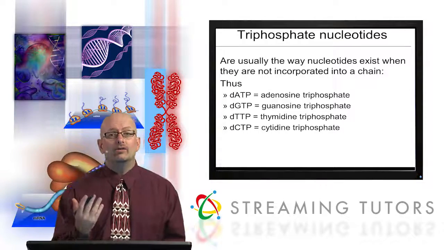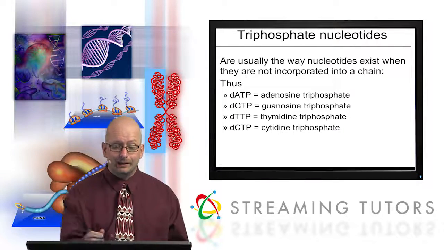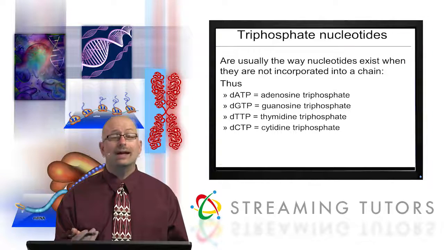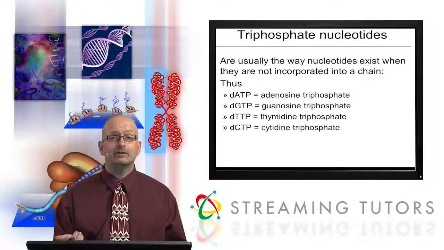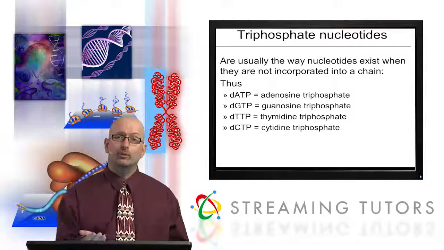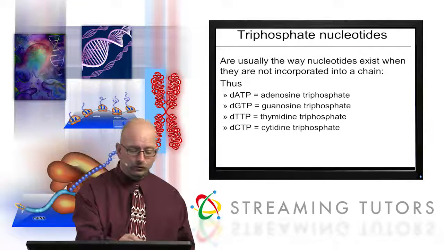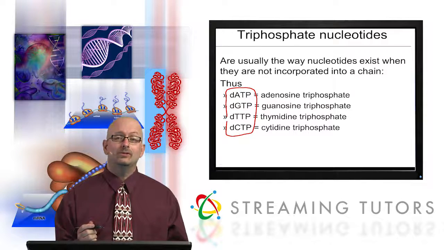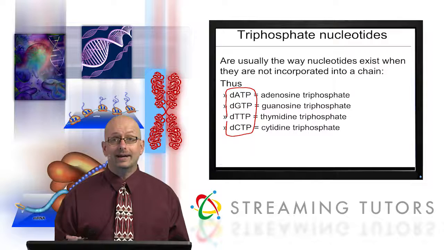Now here's a summary of a bunch of things we've said. I mentioned to you that nucleotides tend to exist as the triphosphate versions when they're not incorporated into a chain, and thus this is just a summary of the very specific denotations of DNA nucleotides.